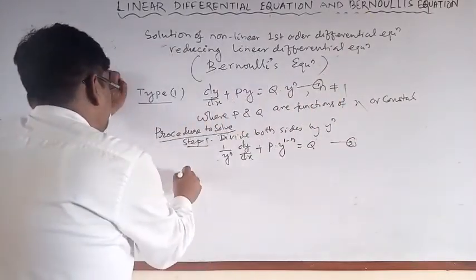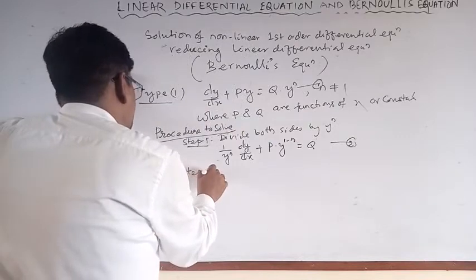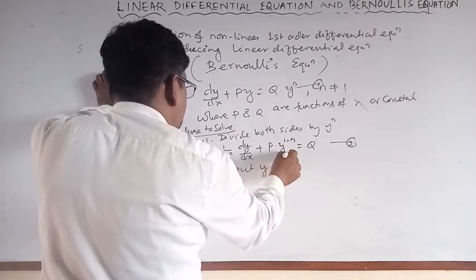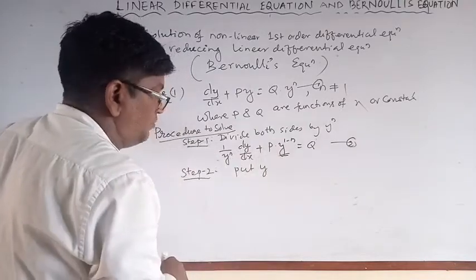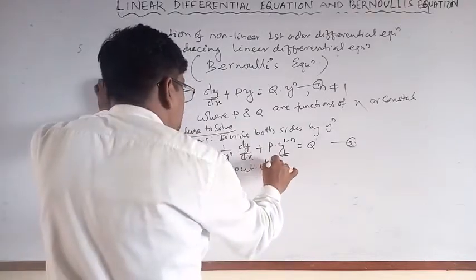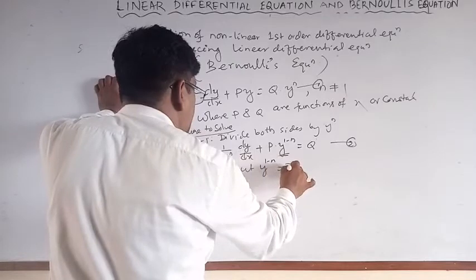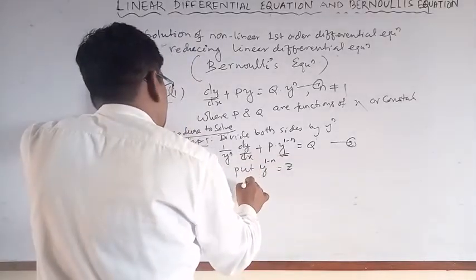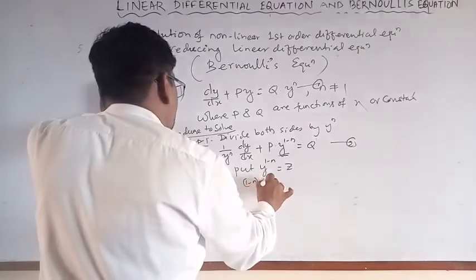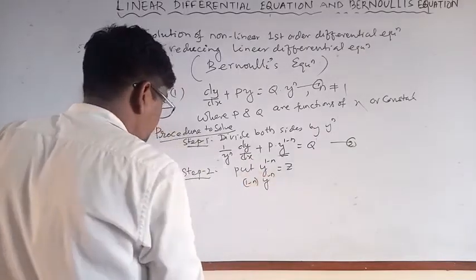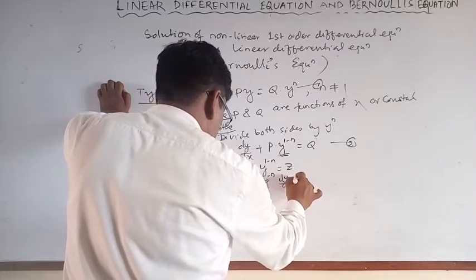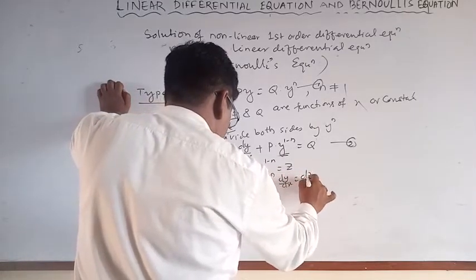Step 2: put the second term, y to the power 1 minus n, is equal to z, and differentiate both sides with respect to x. So 1 minus n into y to the power minus n into dy by dx is equal to dz by dx.